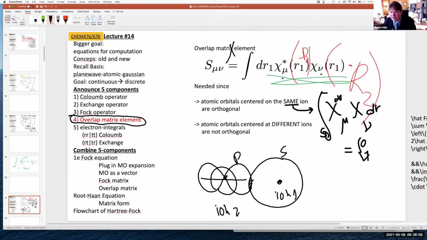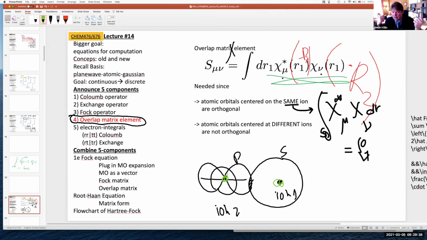Yeah. Right? But if the atomic orbitals are localized on different ions, for example, if it is an s orbital on ion number 1 and a p orbital on ion number 2, and then we try to perform this operation. Take a basis function, s function on one ion, p function on the other. The result of their integration, multiplication and integration, will be neither 0 nor 1. Right?